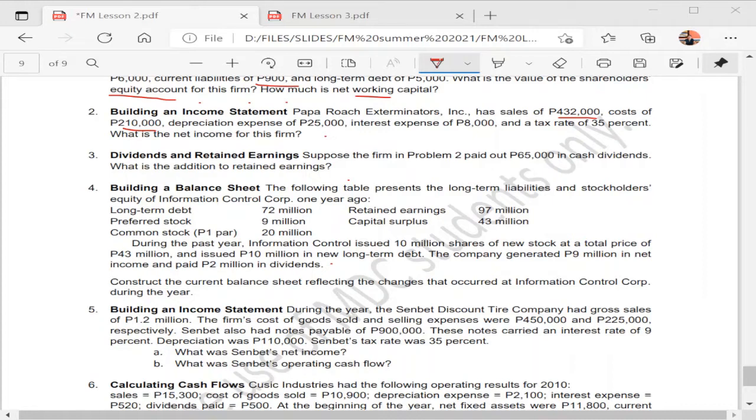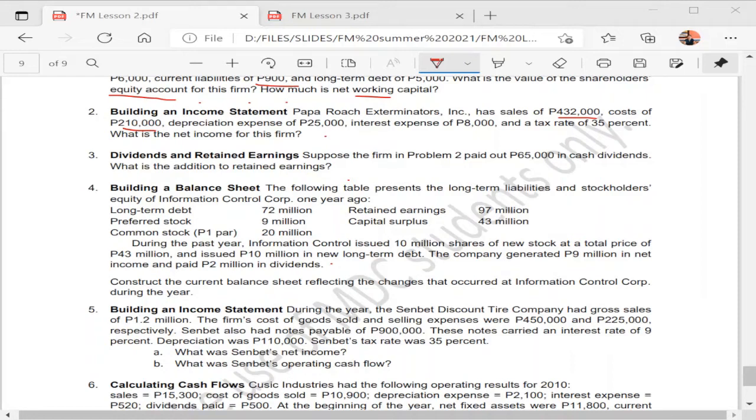Next question, how much is our common stock? Remember, if we're going to issue shares, the credit to the shares is not equivalent to how much we receive.